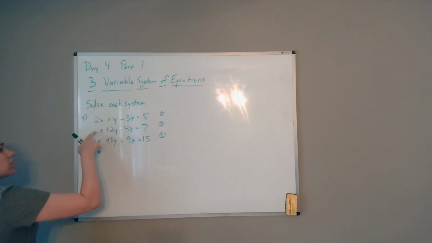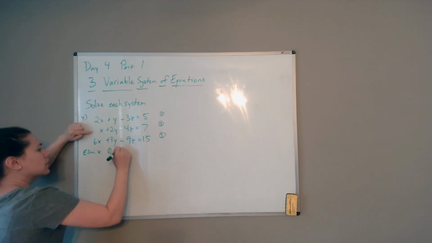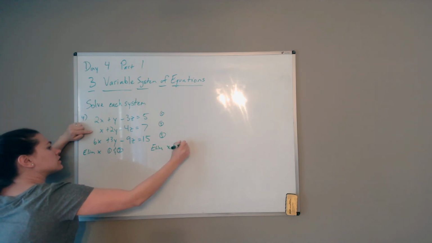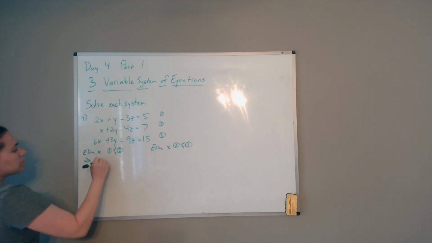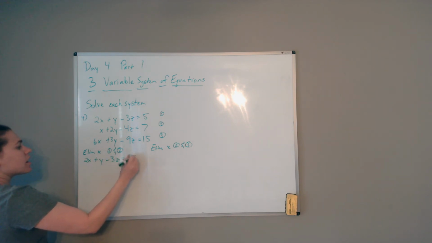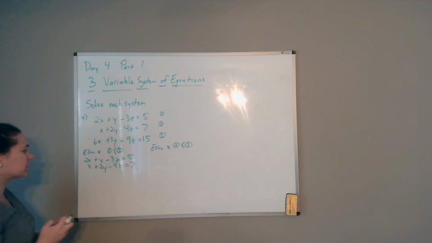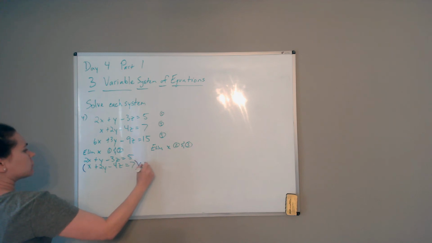And I want this equation twice. So I'll do 1 and 2, and then I'm going to eliminate x in 2 and 3. Okay, so that's going to be 2x plus y minus 3z equals 5. X plus 2y minus 4z equals 7. And I'm going to multiply the second equation here by negative 2.